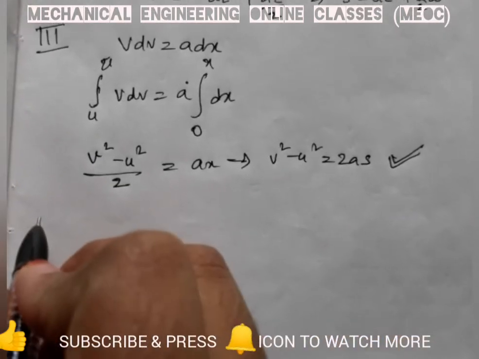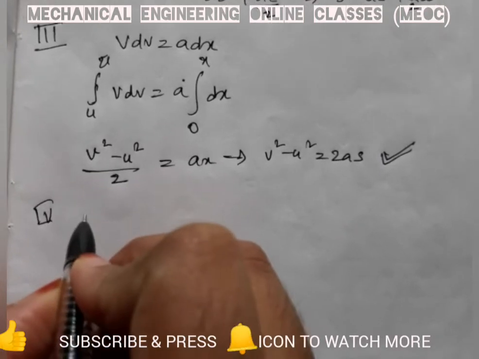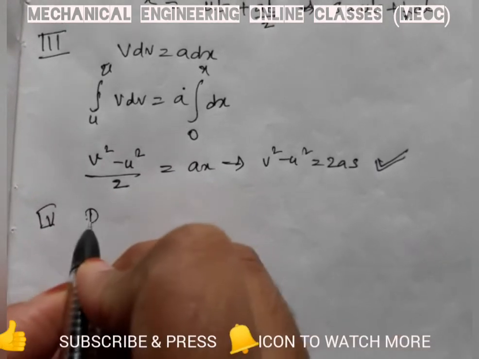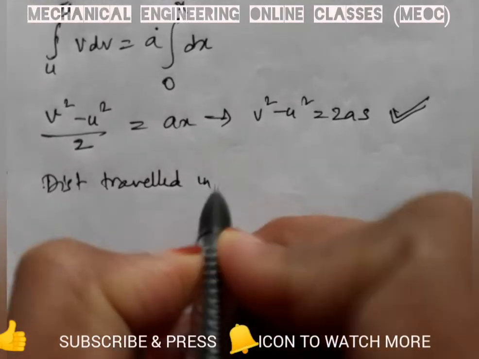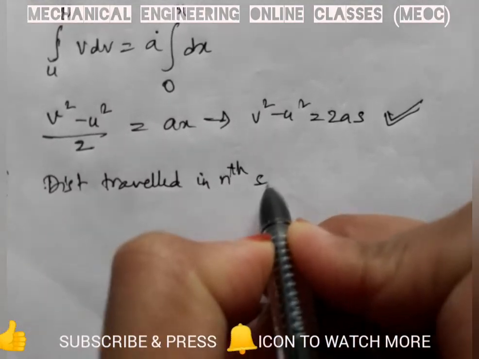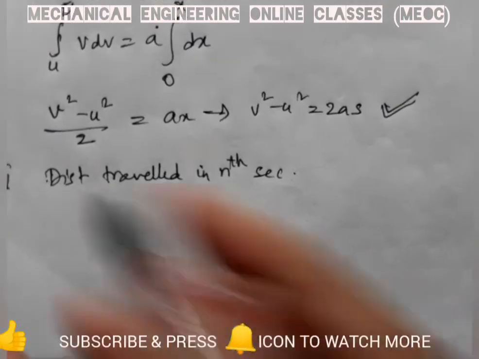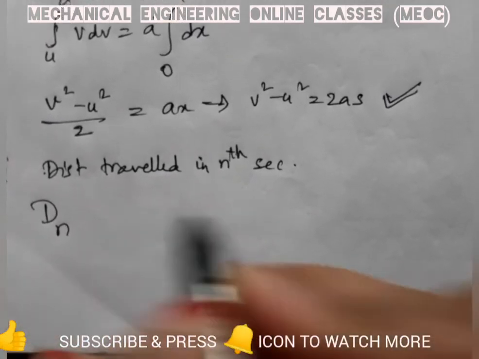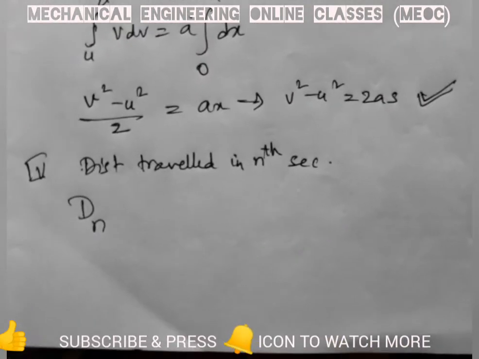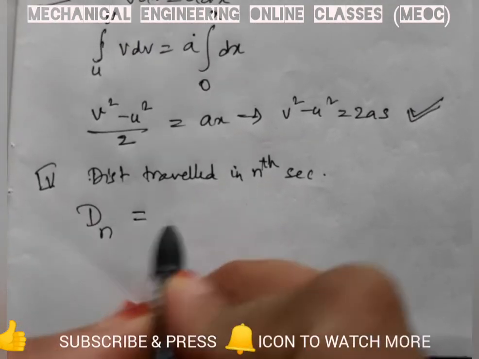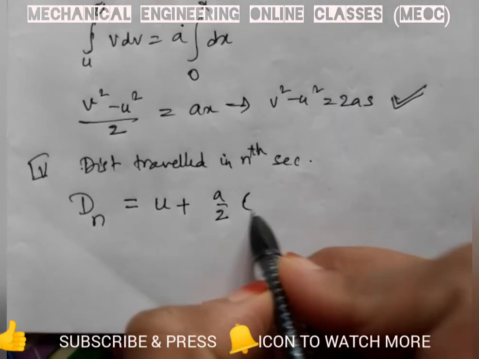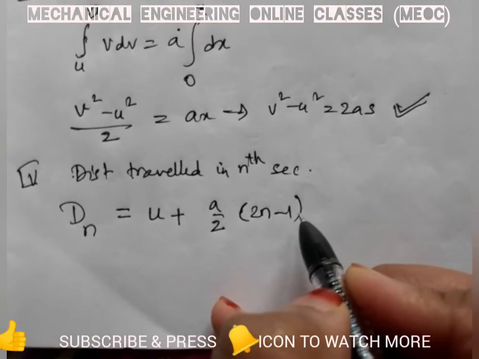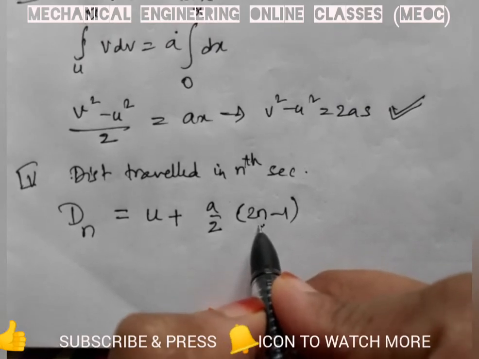Let us see the fourth one, distance travelled in nth second. If dn represents the distance travelled in nth second, then dn is given by u plus a by 2 into (2n minus 1). n is the nth second.